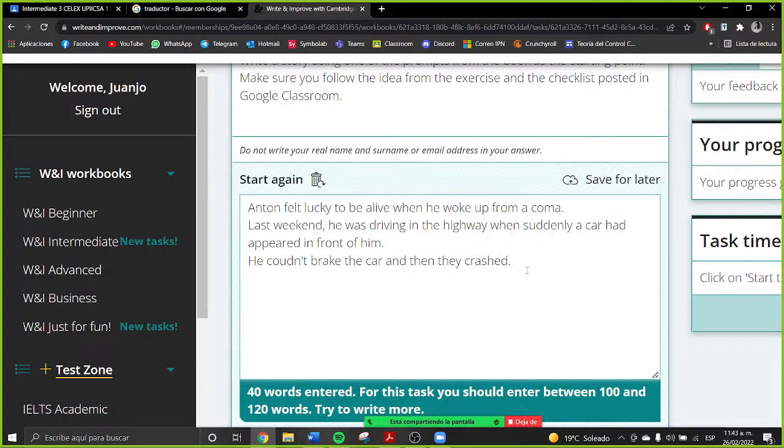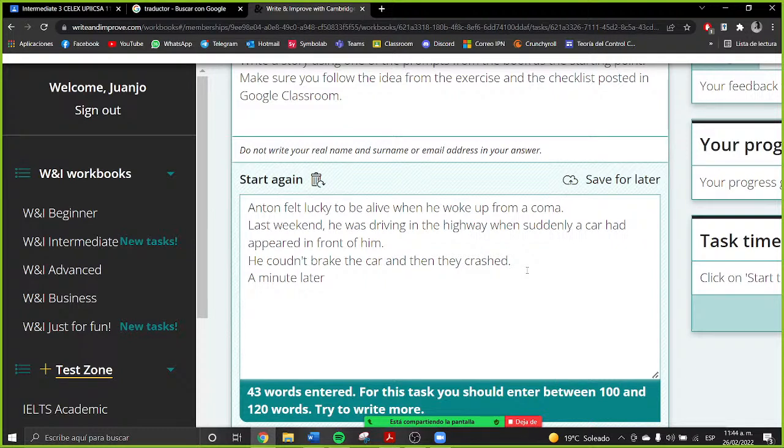Sería a minute later. Okay. A minute later. Había. Podemos decir había perdido la conciencia o algo así, pero nos hemos pasado. Wake up in the hospital.